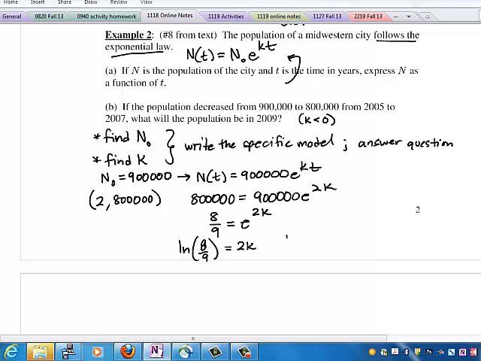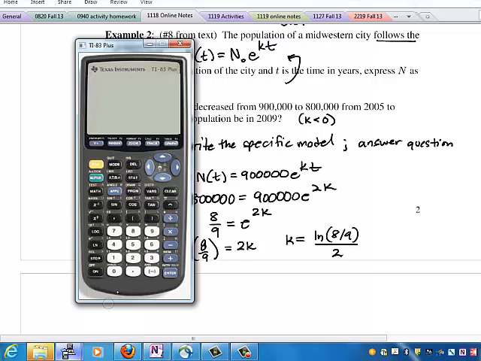So it appears that k will be the natural log of 8/9 divided by 2. So negative 0.05889. The easiest thing to do is to actually store that in your calculator.